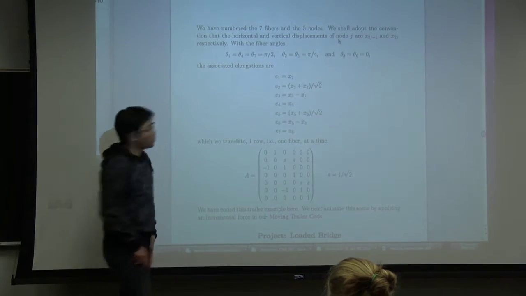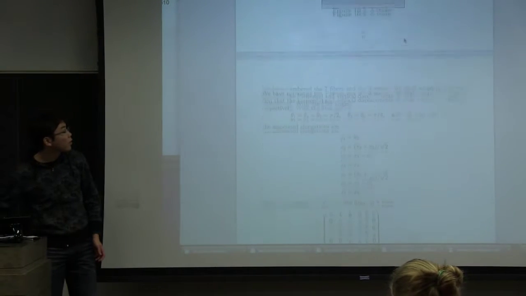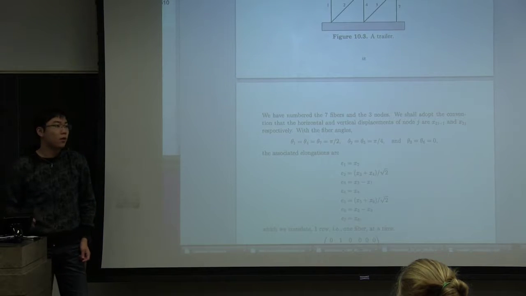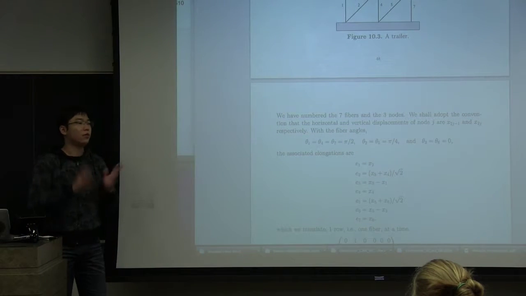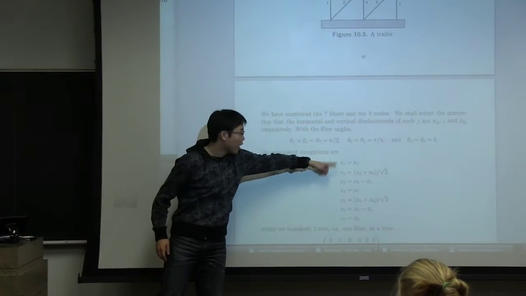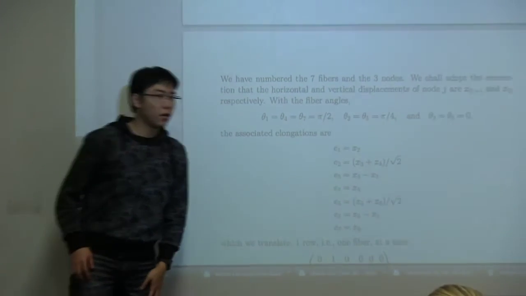So it basically means that for this graph, there are 3 nodes, 1, 2, and 3. Each of those nodes can move in 2 directions, so you have 6 axes: x1, x2, all the way to x6.